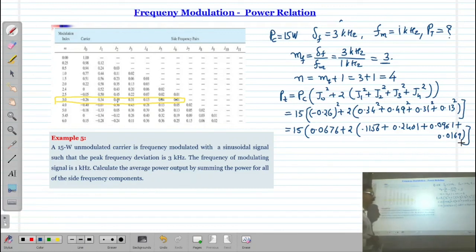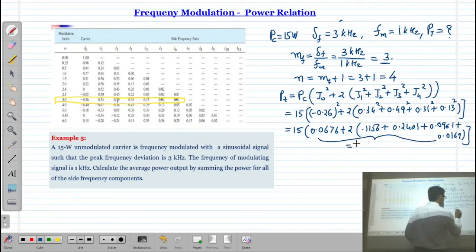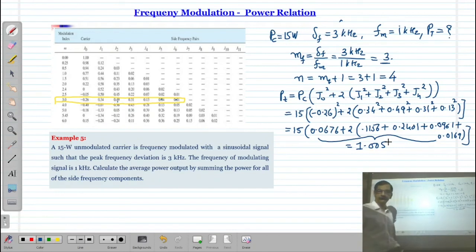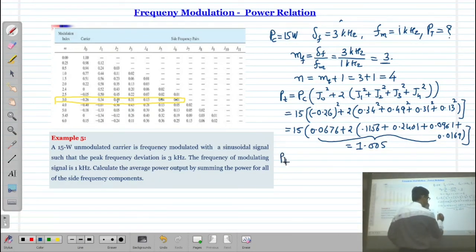Remember. If you take the summation of all these, it comes out to be 1.005. And therefore, the total power after the modulation is approximately 15 watt.